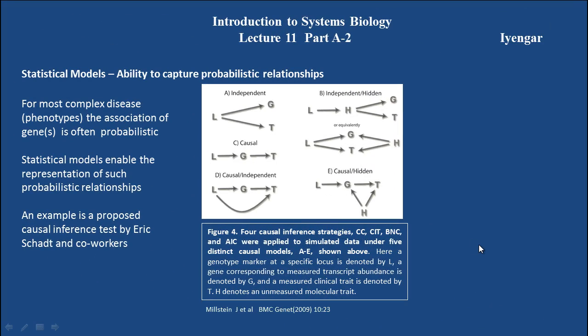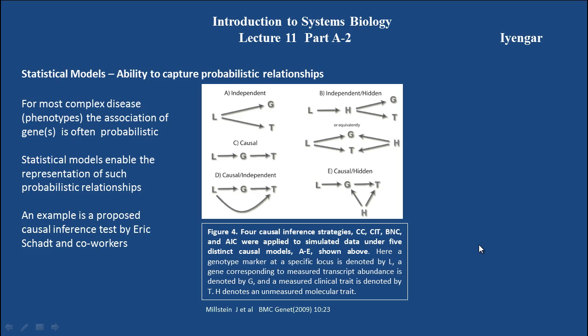Statistical models, like I said before in a couple of the other lectures, have the ability to capture probabilistic relationships. Not all relationships, or not all edges between nodes, whether it's gene-gene interaction or protein-protein interactions, occur in a deterministic fashion, which is that whenever the two are present, they occur.